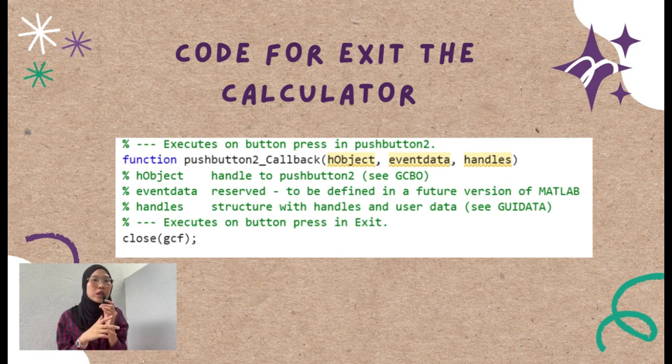The parameters hObject, eventdata, and handles are standard inputs in MATLAB GUI callbacks. They provide access to the button itself and any data stored in the interface. So overall, this function is used to exit or close the GUI when the user presses the exit button.